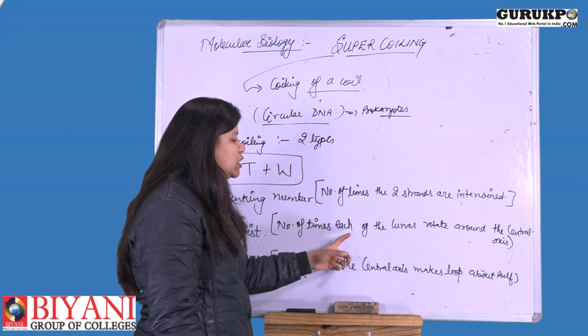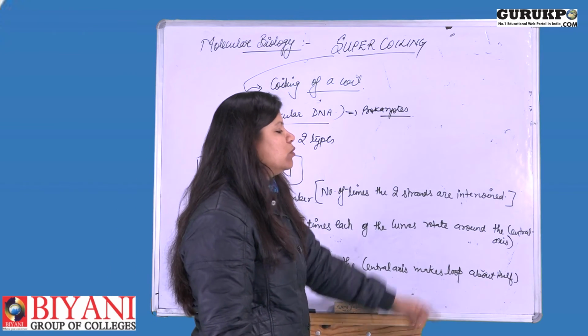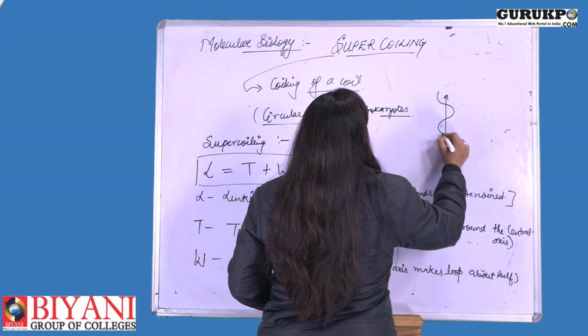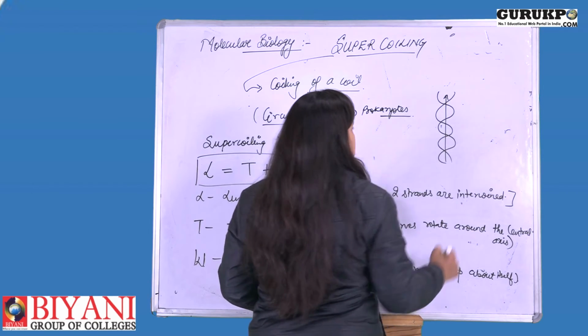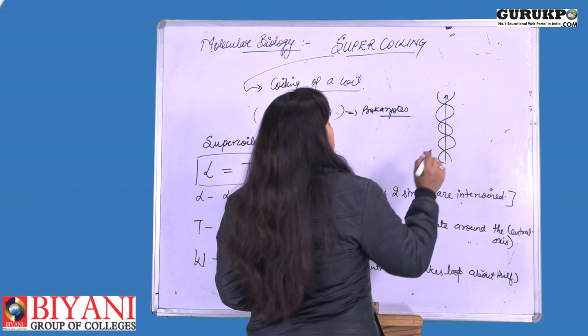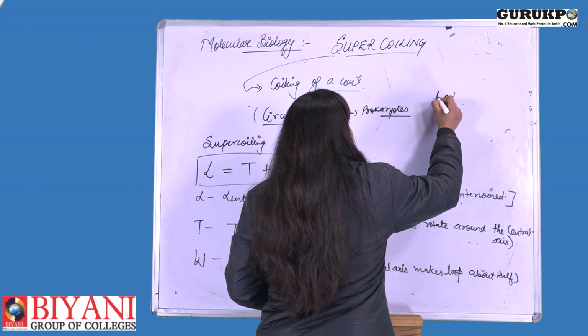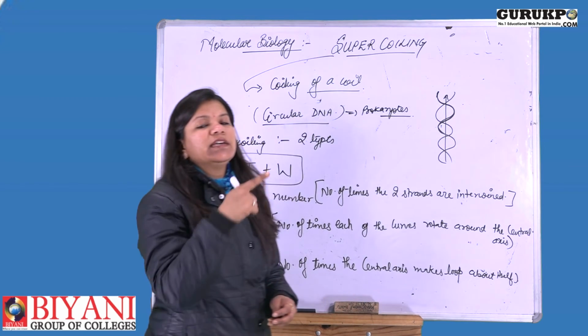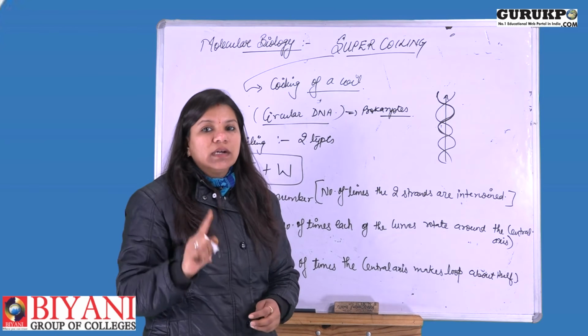Now what is the twist number, or simply the twist, which is represented by T? It is the number of times each of the curves rotates around the central axis. As I already told, this is the central axis and this is the structure of a double helix of DNA. So when this particular strand crosses this strand completely, it gives rise to a complete turn.